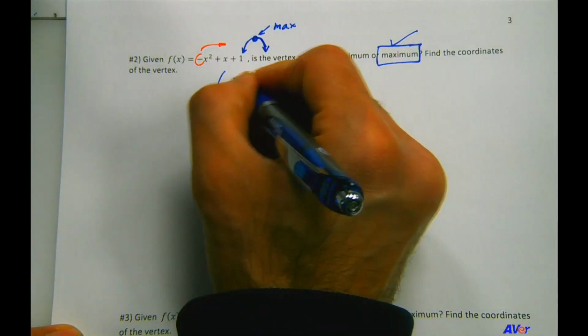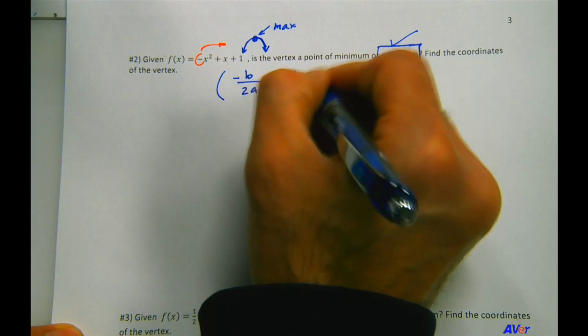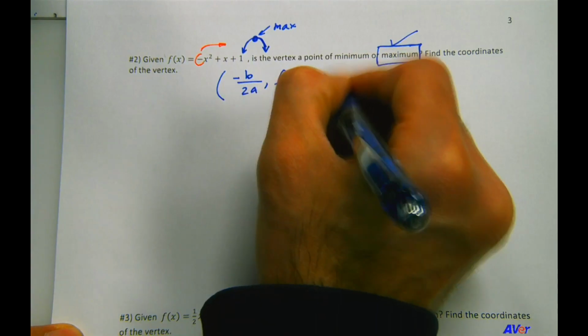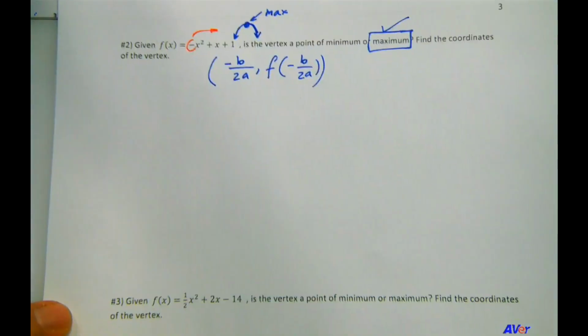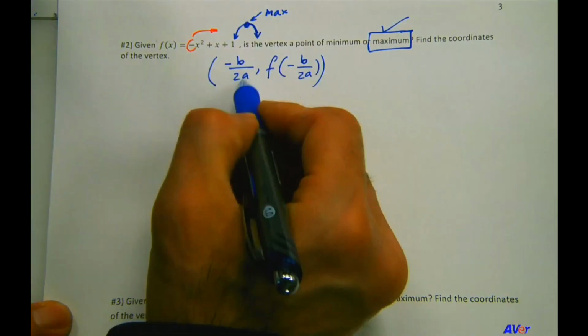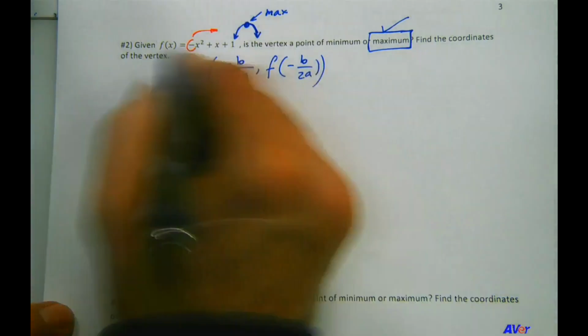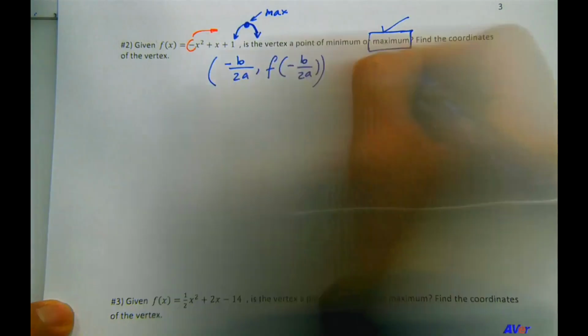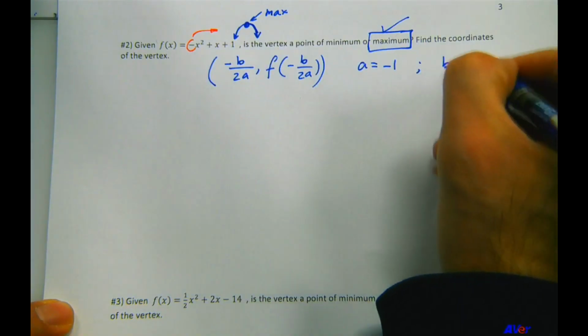All right. So in this case, we're going to use this formula, let me write it here so we can look at it as we go through this. That's the formula we have on that first page. So we need to know what b and a are, right? A is -1 and b is +1.